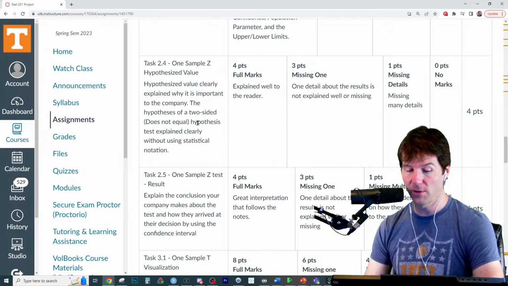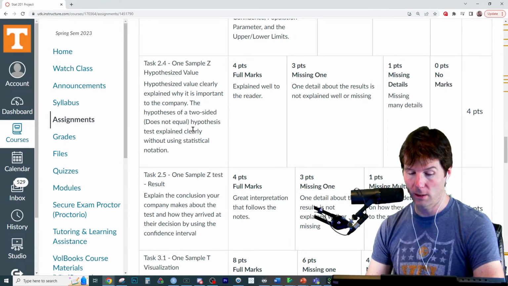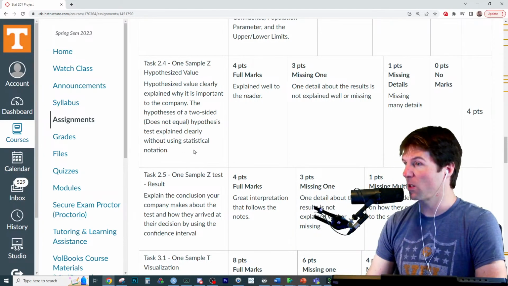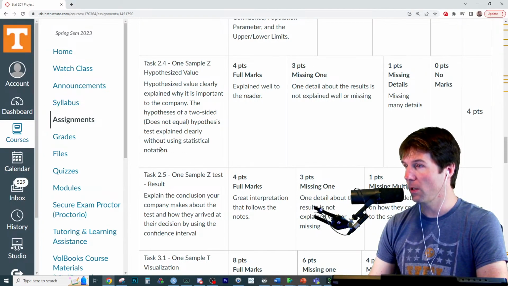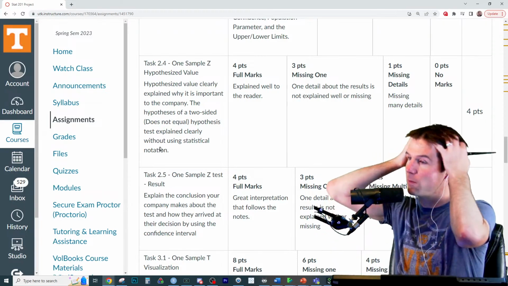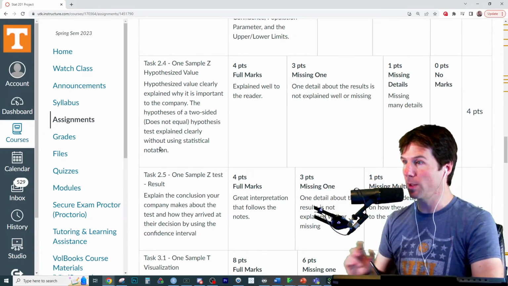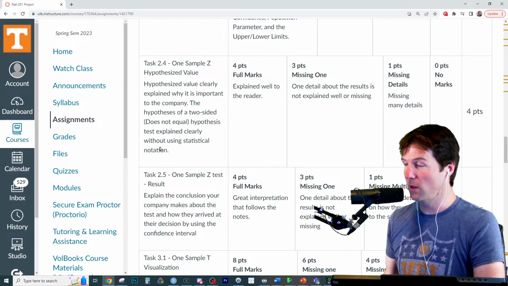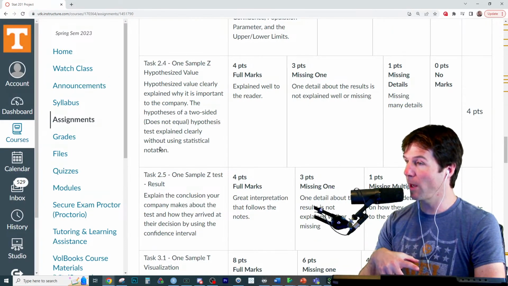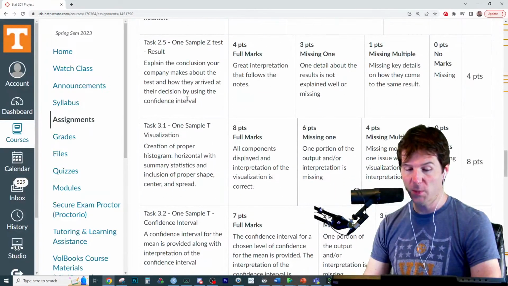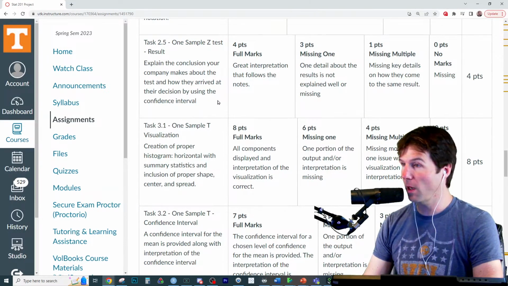The hypothesis of a two-sided does-not-equal hypothesis test should be clearly explained without using statistical notation. So that's where we talked about what it means to hypothesize something is true and believe it. And then the two-sided is the does not equal. So either it's equal to that amount or it's not equal to. Explain the conclusions your company makes about the test and how they arrived at their decision by using the confidence interval.